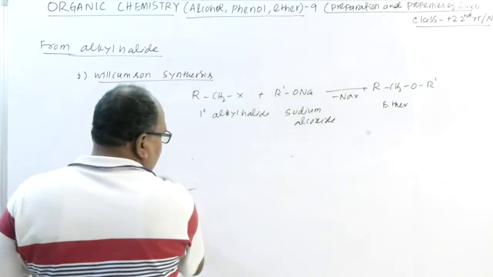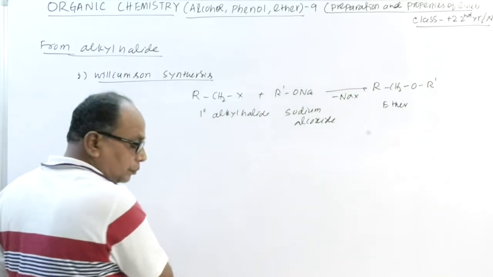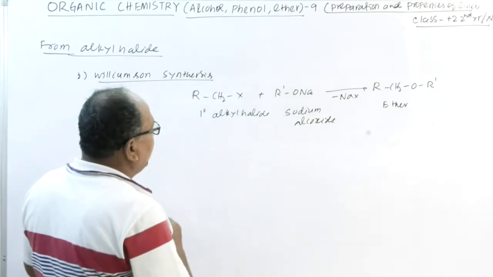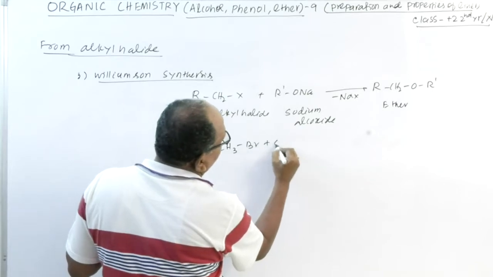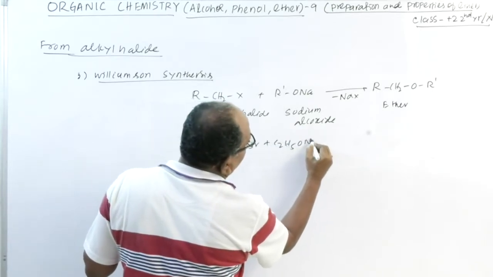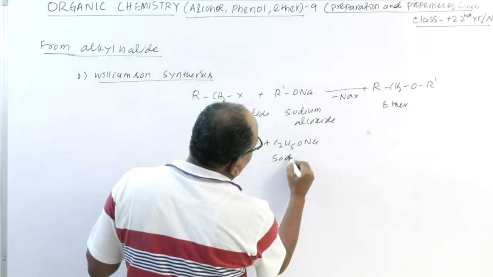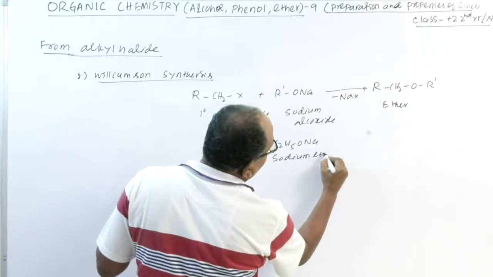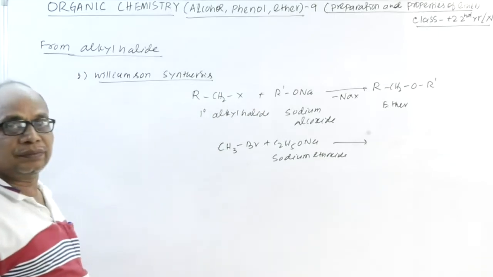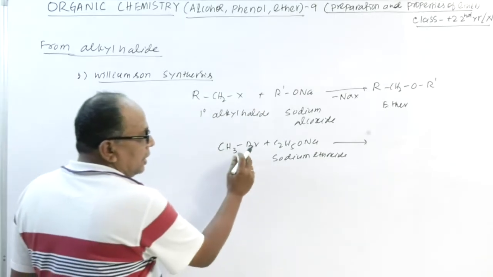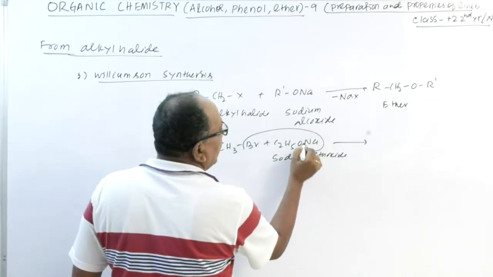Okay, suppose you take methyl bromide, CH3Br, plus C2H5ONa. This is your sodium ethoxide. What product will you get? The NaBr is lost here.